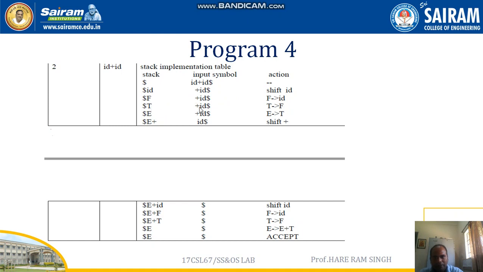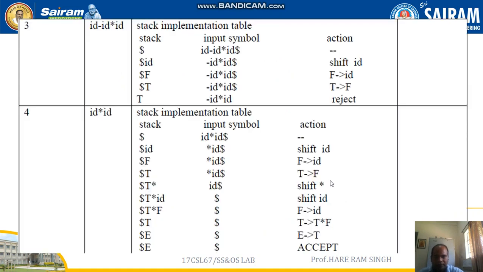Again F can be replaced by T, and the input symbol is the same. Again T can be replaced by E. Next, plus is shifted here. In the input symbol what is left is ID dollar. Now next shift is ID. So E plus ID. ID can be replaced by F, F can be replaced by T, and E plus T can be reduced to E. So this input is also accepted under the given grammar.